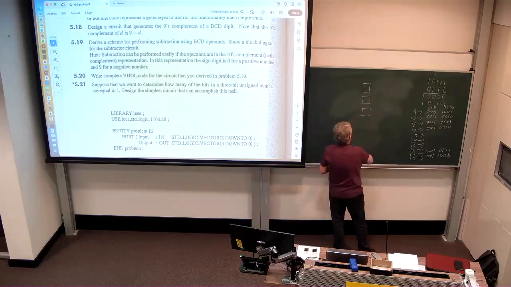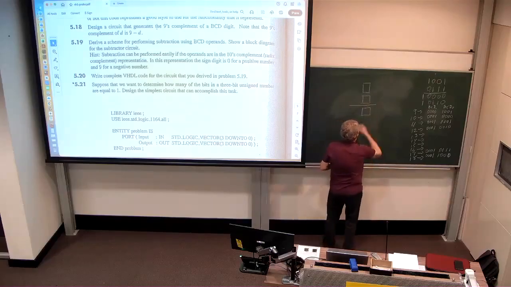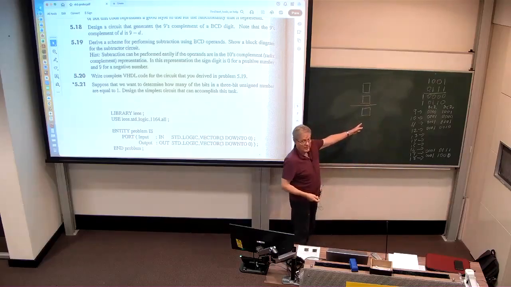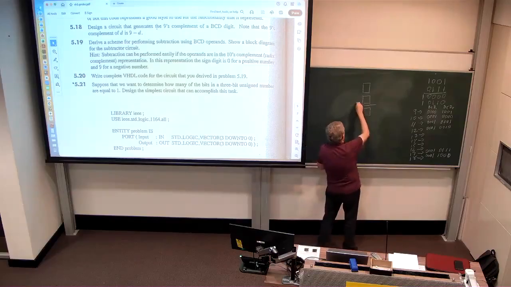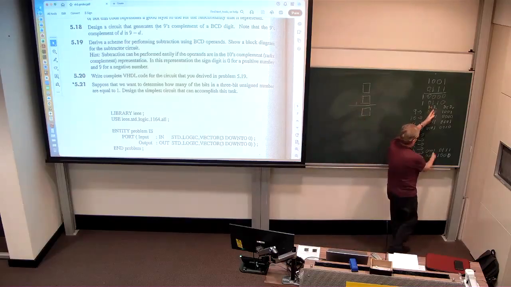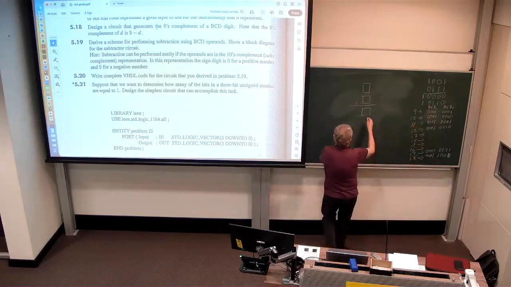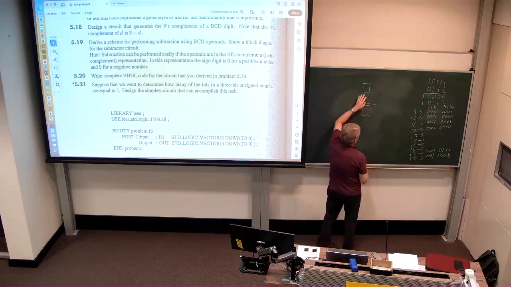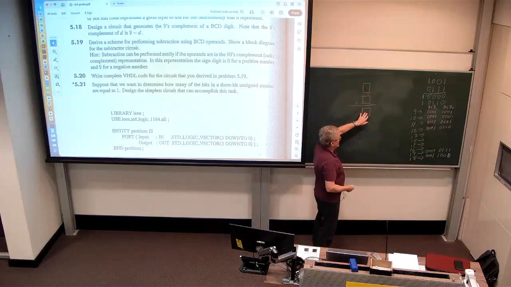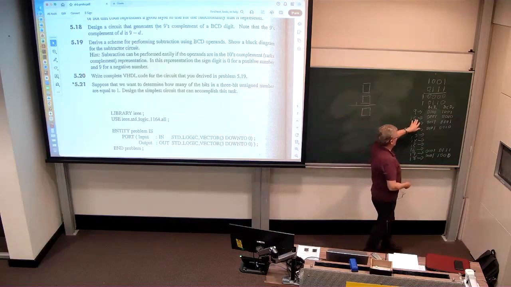And what we might do is get a digit out plus a carry of 1, right? Which is going to be this. But we have to figure out, when the sum is 10 or greater, we have to convert the result.